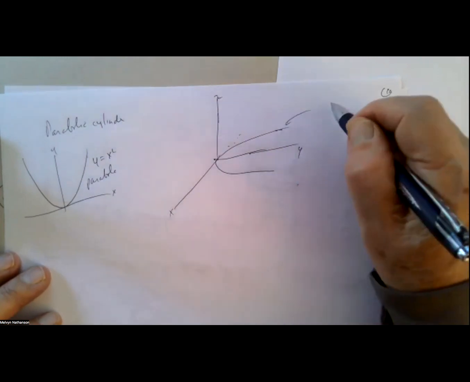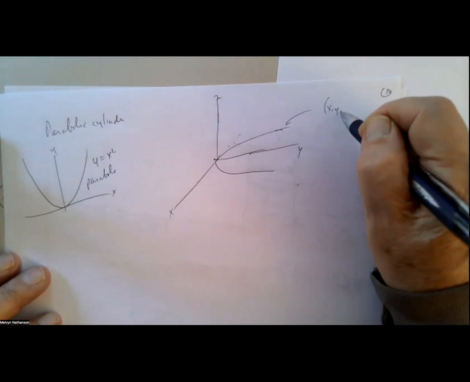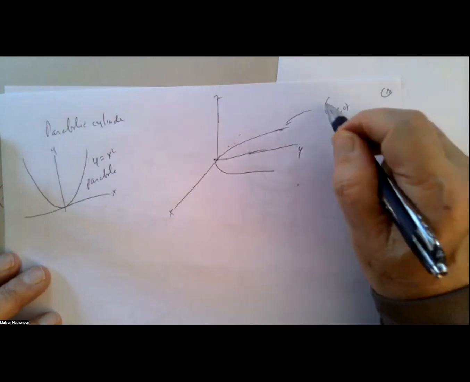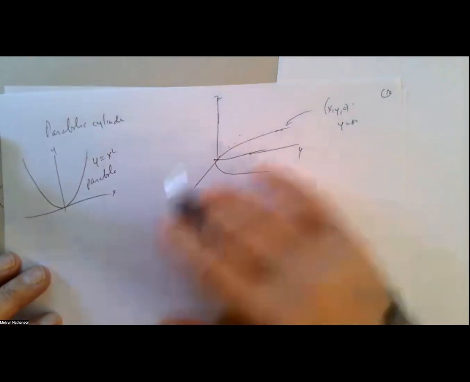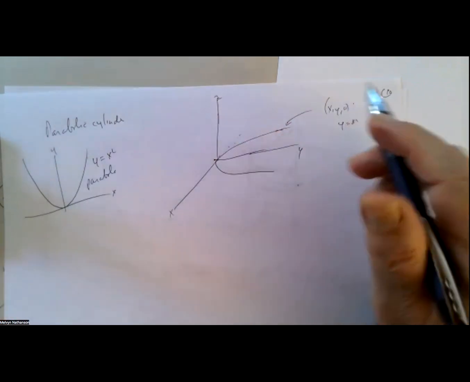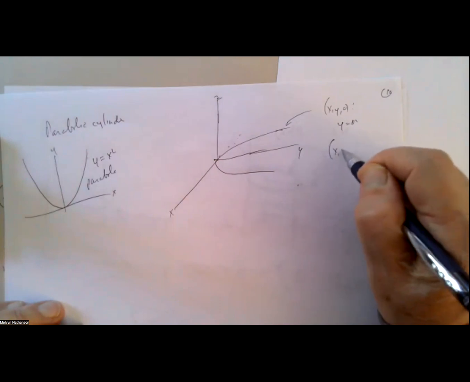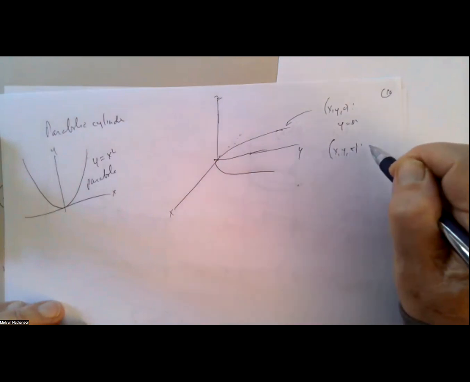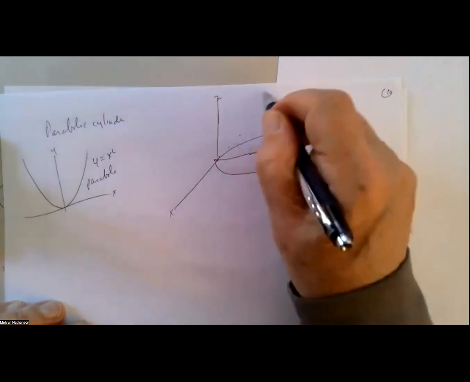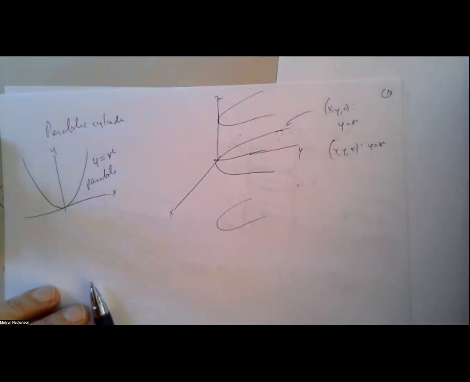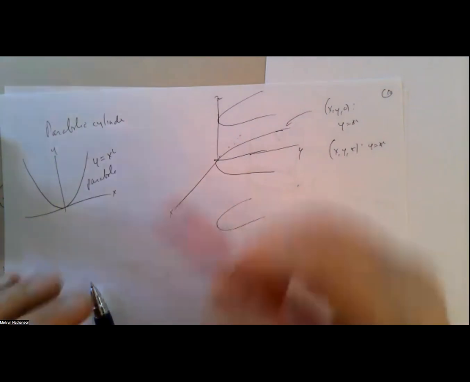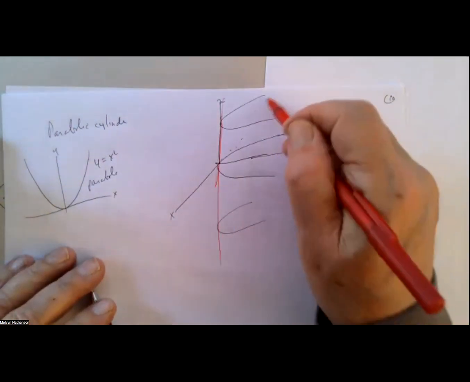So this is all the points (x, y, 0), where y equals x squared. That's just the parabola in the xy plane. If you look at all the points (x, y, z), where y equals x squared, it's just this 3-dimensional surface.